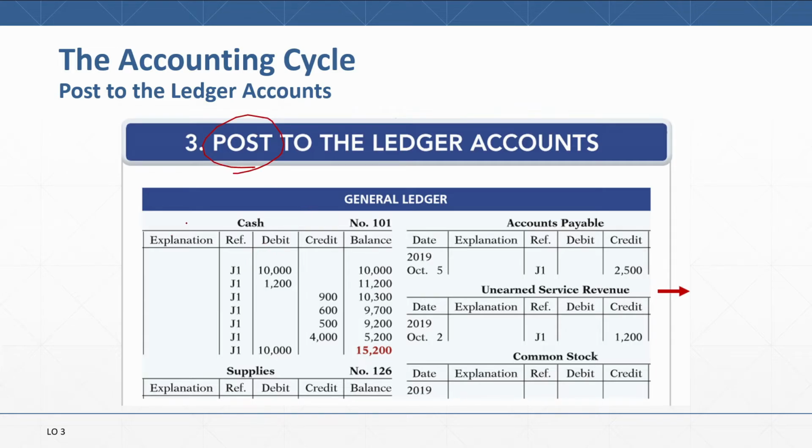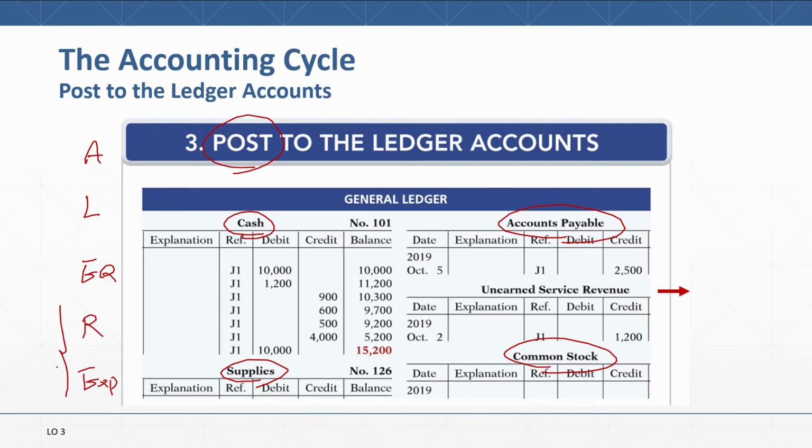Your ledger categorizes all the amounts based on the account names. It means that assets come first, then liabilities, then equities, then revenues, and at the end, expenses. These two are income statement account groups, and these three are balance sheet account groups.